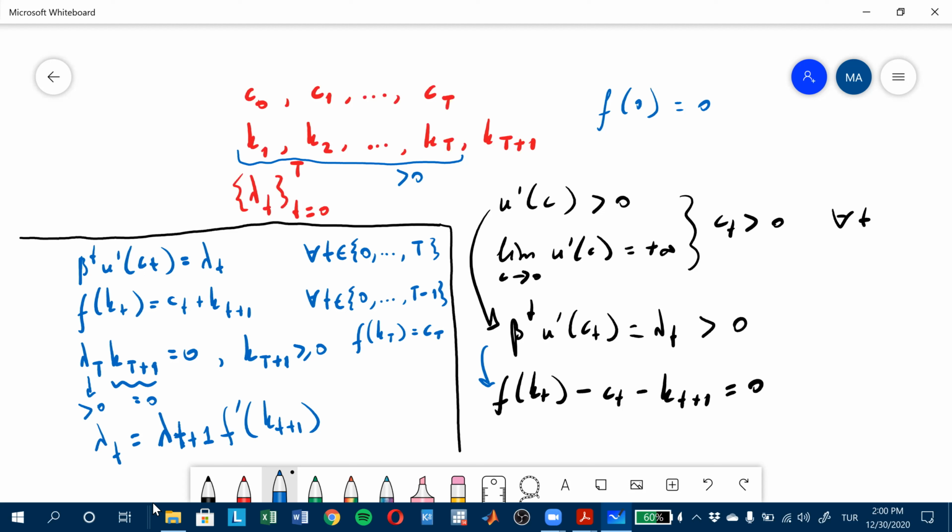Because there's no capital stock left. And this one also starts from 0 and ends at T minus 1, because at the very end, I will have lambda_{T-1} equals lambda_T F prime K_T.